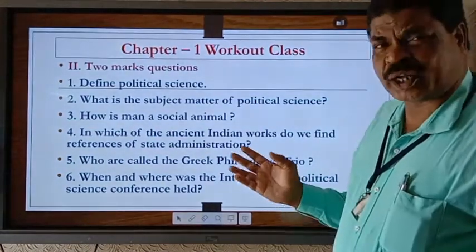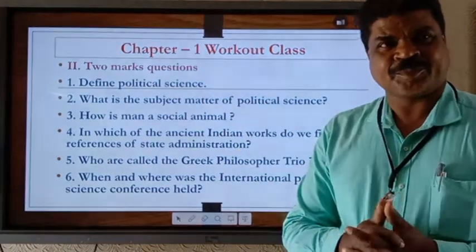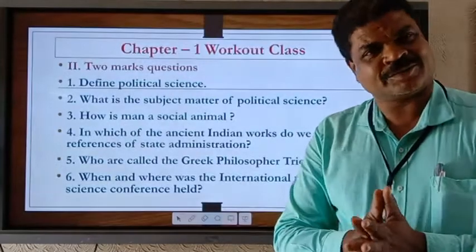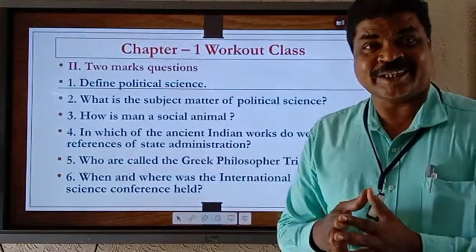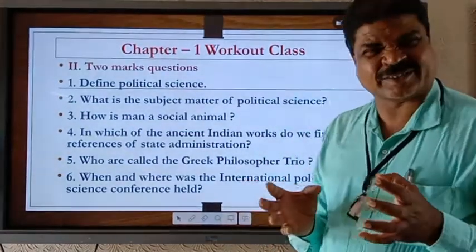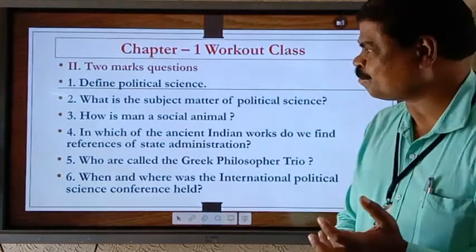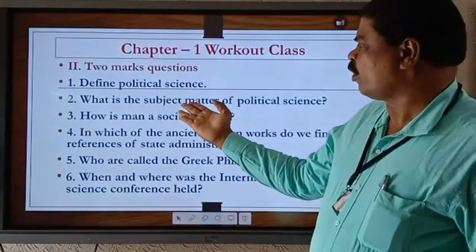When you come across the question, define political science, you can give your own definition or what we already understand, the definitions given by persons like Paul Janet, Sir John Seeley, et al.